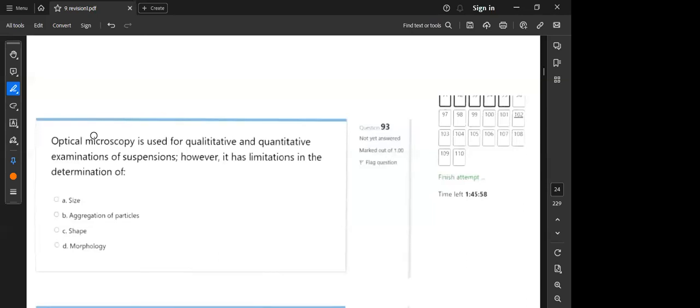So A, C, and D, I think, are just the same thing. Yes, we studied that optical microscopy is useful for observing morphology. So by elimination, it's B. Okay, Google says it's also useful for observing the aggregation evolution over time. So I don't think this question has an answer.